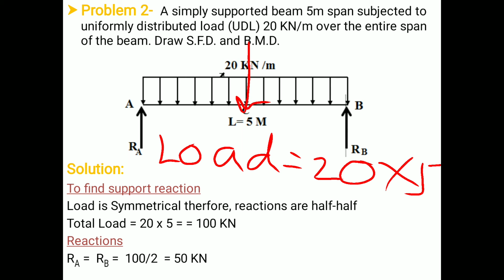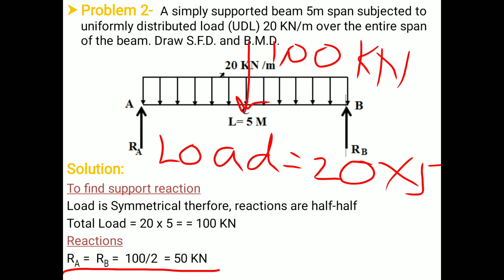Therefore the value of the point load is 20 into 5, which is 100 kilonewton. As 100 kilonewton is acting at the center of the span, we have the reaction equal to half of the total load.